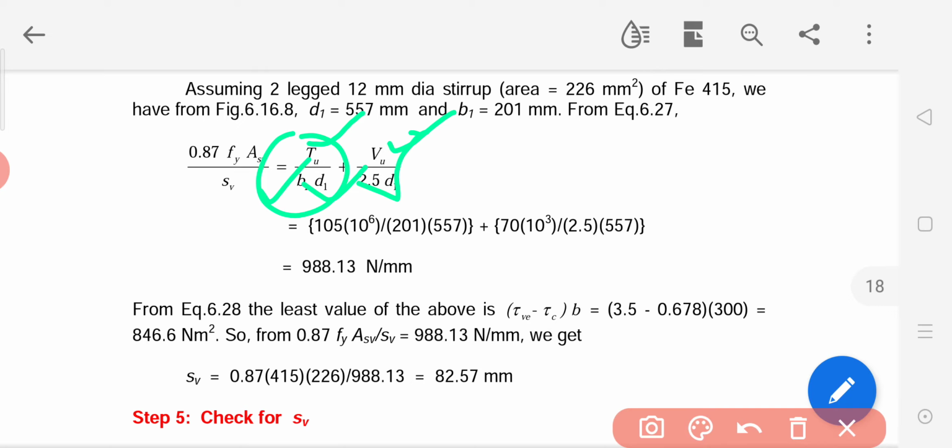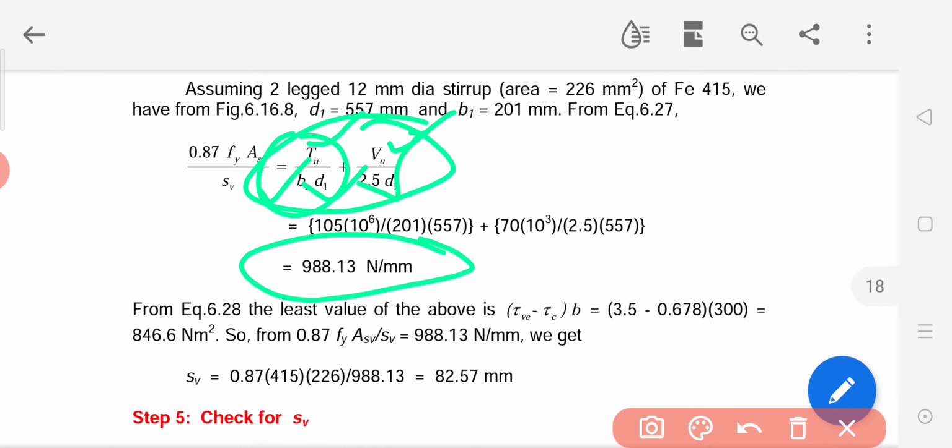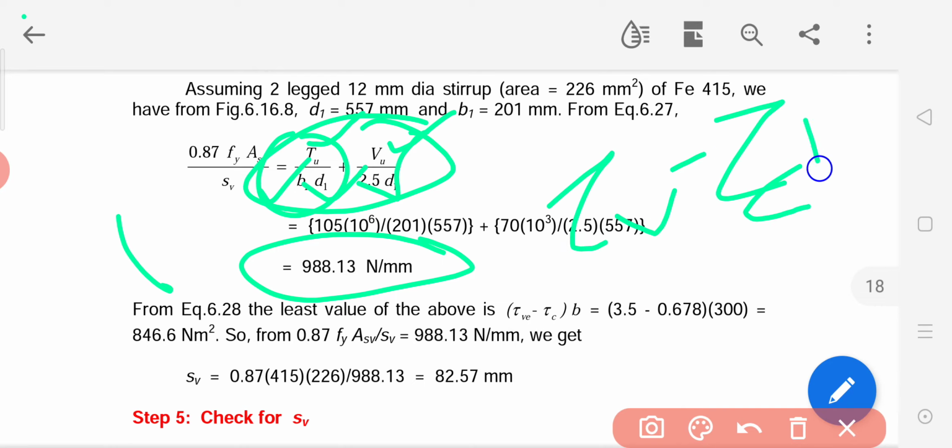So we get this value as 988.13 Newton per mm. From the equation, the least value of the above is tau v minus tau c into b.